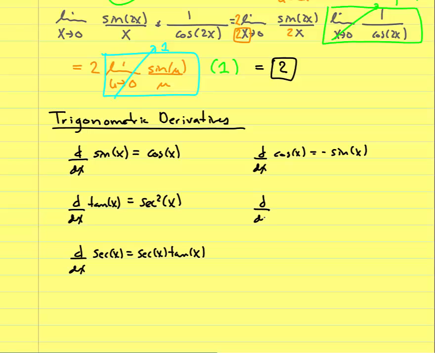Now over here, because we did tangent, let's go ahead and do cotangent. The derivative of cotangent is negative cosecant squared of x, and the derivative with respect to x of cosecant of x is equal to negative cosecant x cotangent x. Now I kind of set these up in a particular way because everything on the left, my derivative is positive.